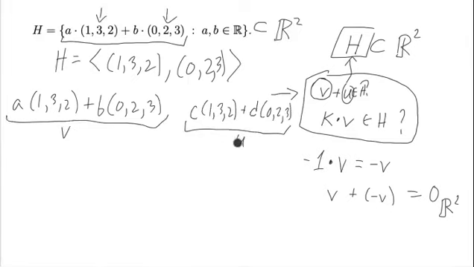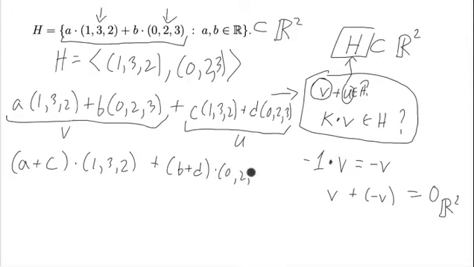Okay, now adding them together with the addition in the vector space R2, we can rearrange this. We could add this term with this term, and one nice property that has to do with scalars and vectors is that we can factor the vector out of the scalar addition. So (a plus c) times (1, 3, 2), and we can add to that (b plus d) times (0, 2, 3).